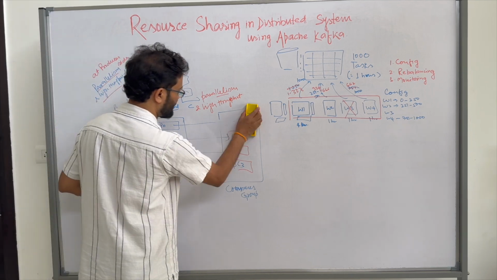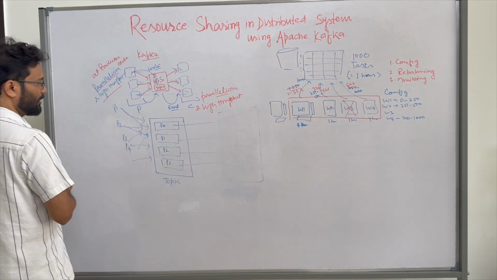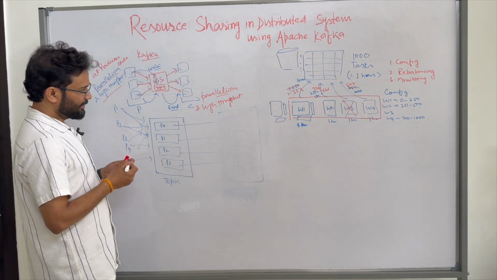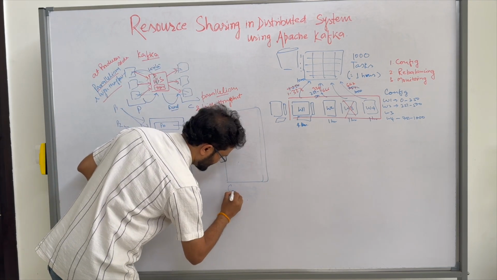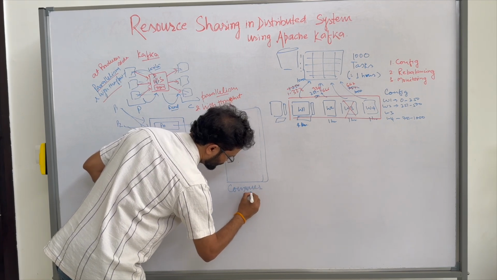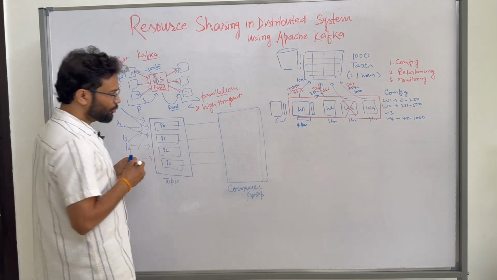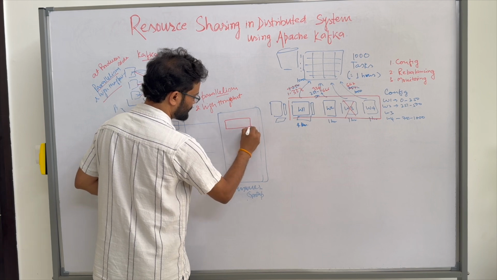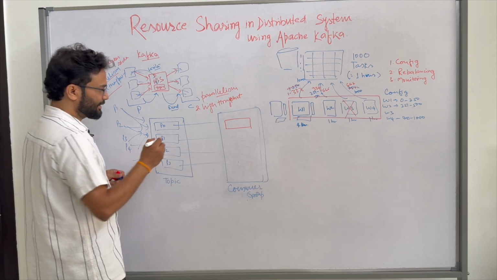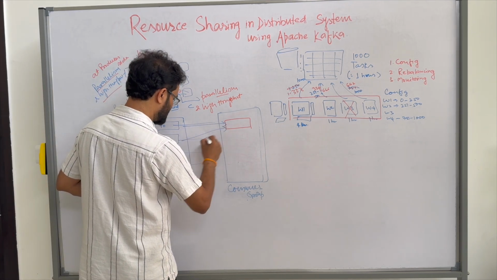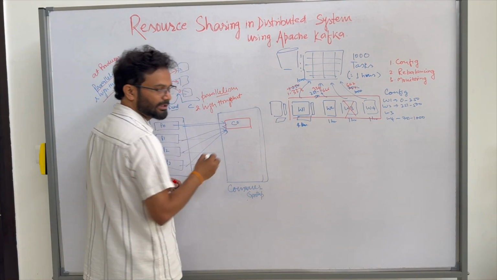Let me suppose you have four partitions in the topic, and on the consumer side this is your consumer group. If you have only one consumer in the consumer group, then all the partition data will go to this consumer because we have only one consumer.